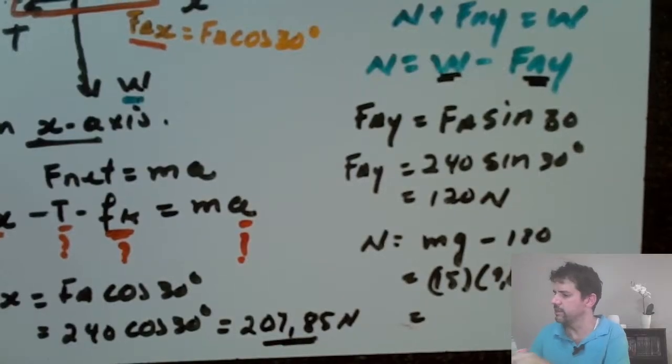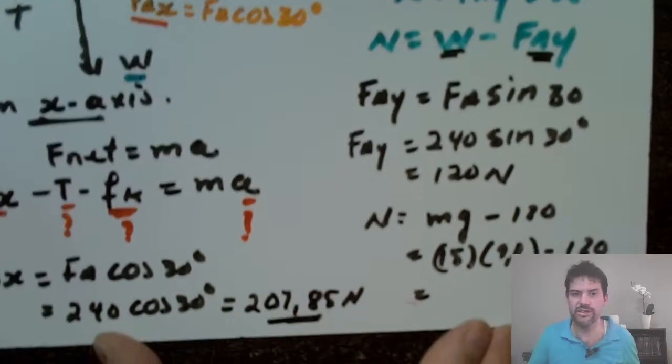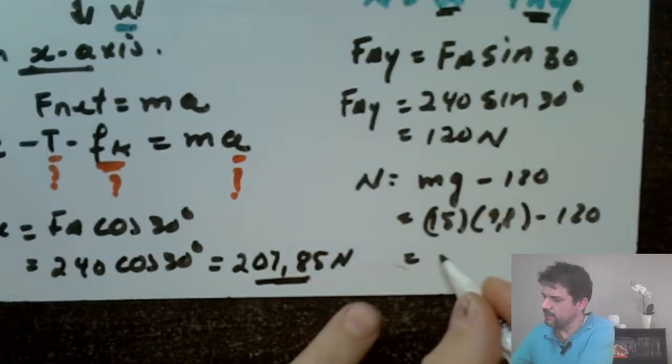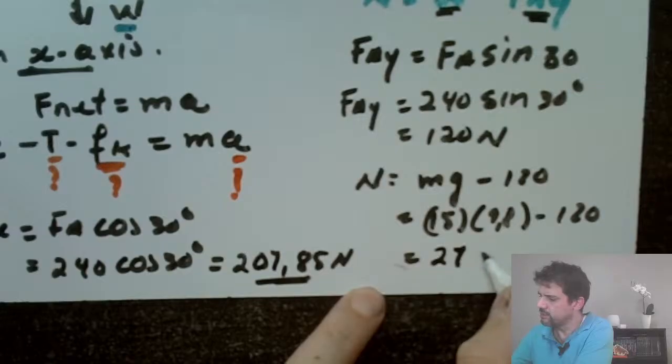So normal is going to be equal to, these boards are very small for all this calculation because it's a lot of calculations in this question. So let's do that one quickly. It's 15 times 9,8. You can check the calculation, guys. Minus 120. I get that it's 27 Newton. So the normal is 27 Newton. That is the normal.